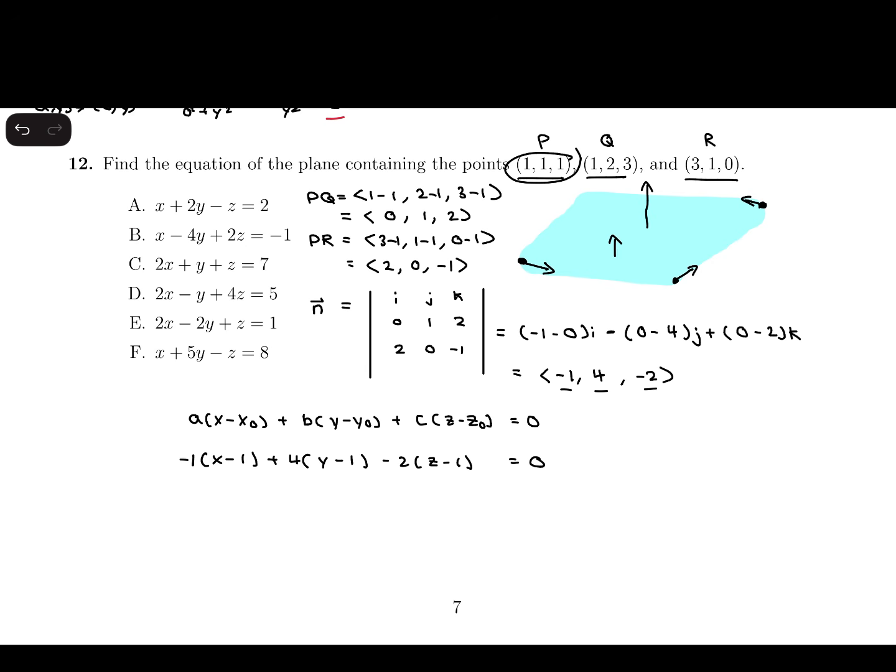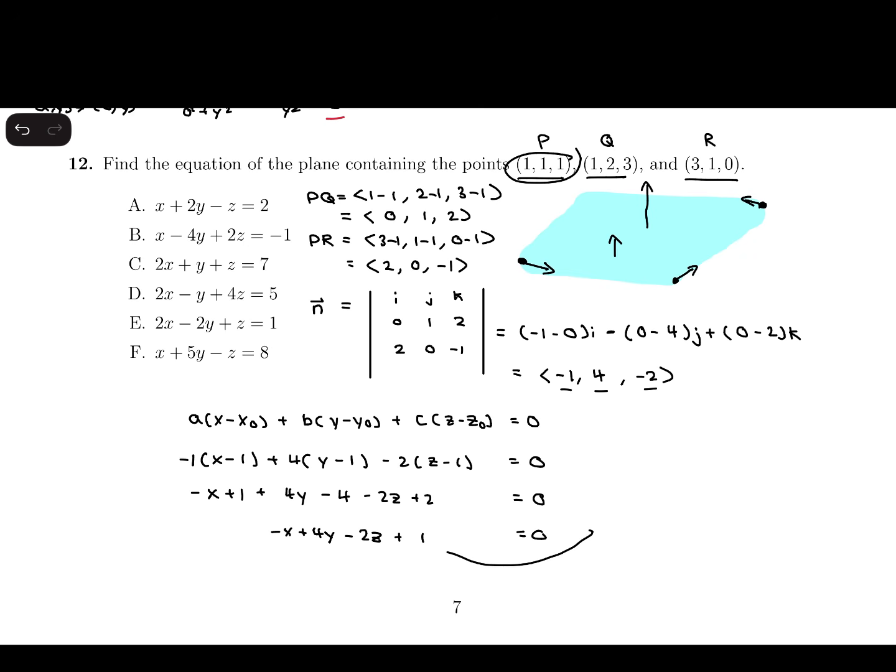Once you do all the math for this, you get negative x plus 1 plus 4y minus 4 minus 2z plus 2 is equal to 0. And then once you add like terms, you get negative x plus 4y minus 2z plus 1 is equal to 0.